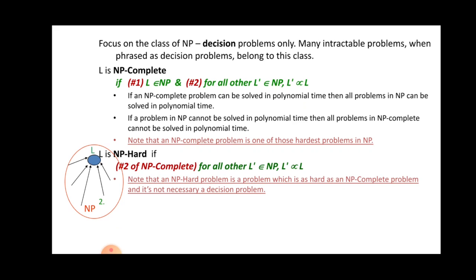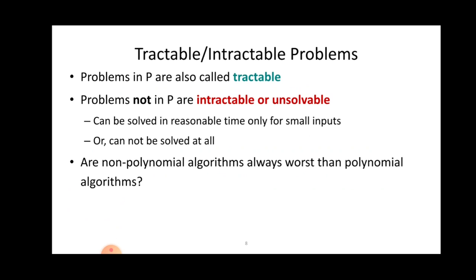If the given language L satisfies the two properties 1 and 2, then the language is said to be NP complete. So what is NP hard? The given language L is NP hard if the language L dash also belongs to NP. L dash is the complement of L. So if the given language satisfies only the second property, then the language is called NP hard. If the language satisfies both properties, then that language is called NP complete.